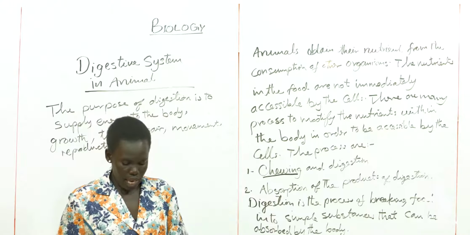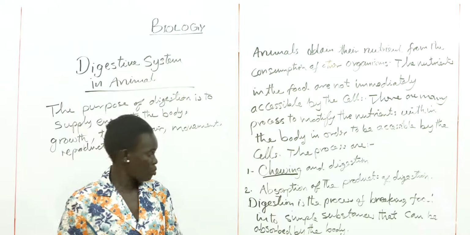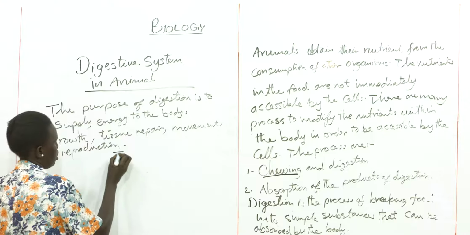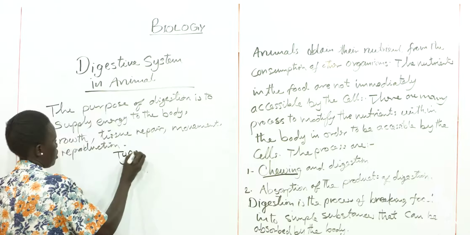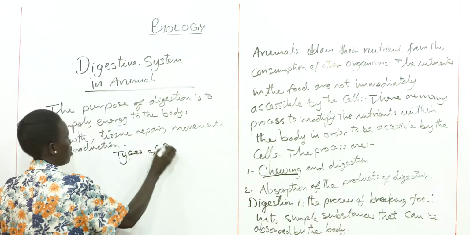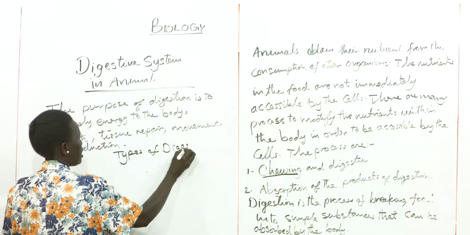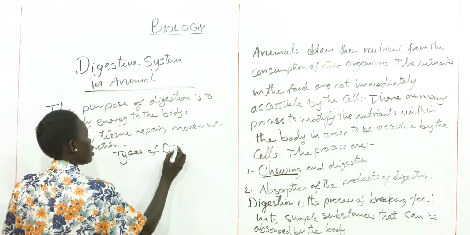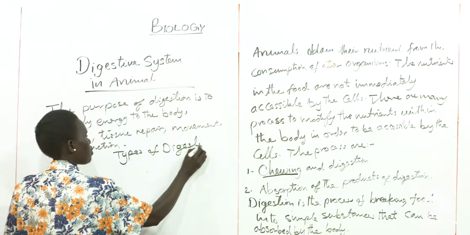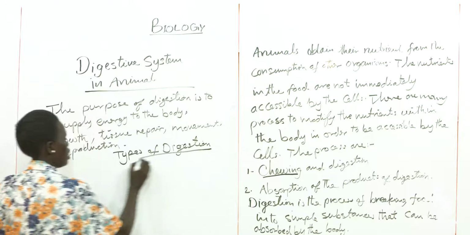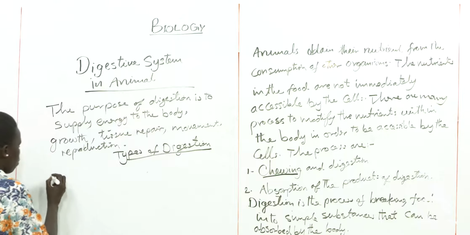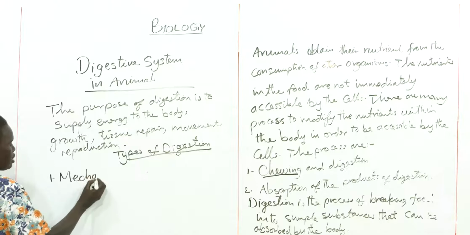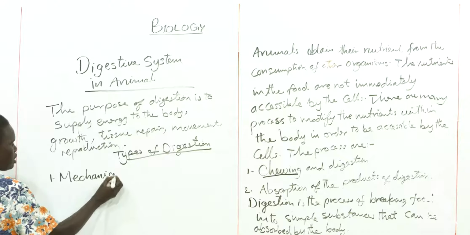Let us look at the types of digestion. There are two types. One, mechanical digestion.